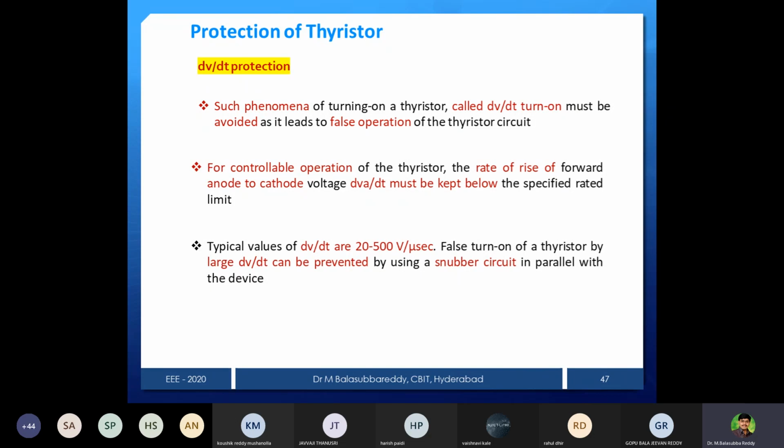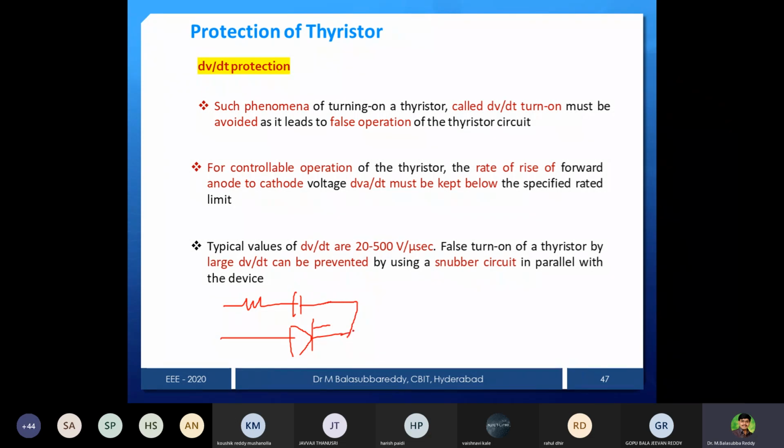So the snubber circuit is defined as a series connection of resistor and capacitor connected in parallel with the thyristor. Very simple: there is a resistor and then a capacitor, and this setup is connected in parallel with the SCR.